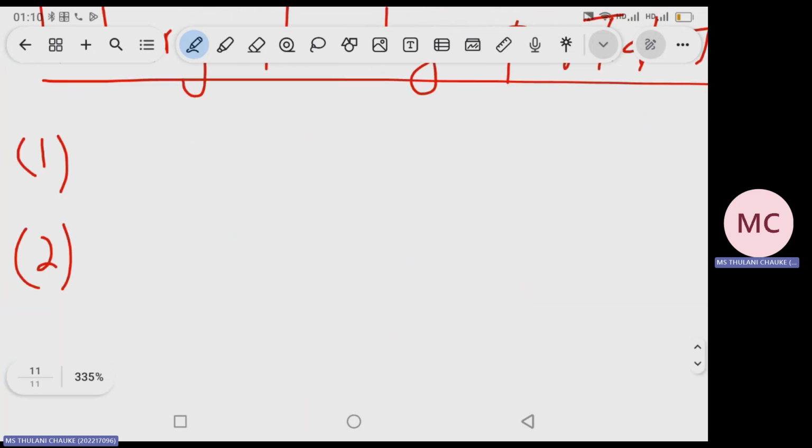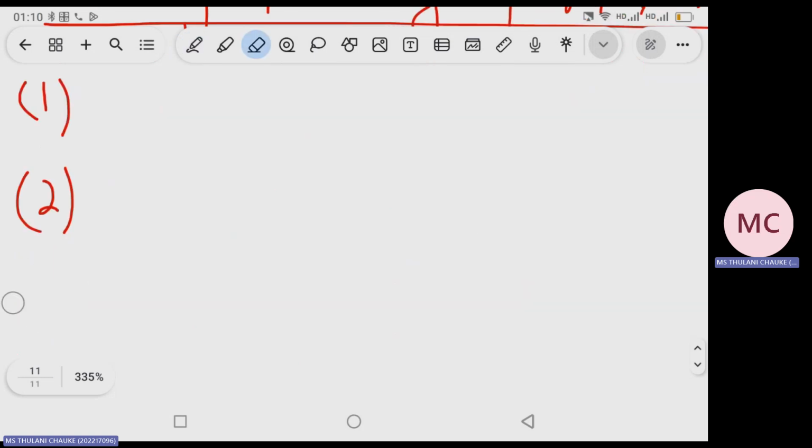Okay, let me try to remind you of those rules before I do an example. Now I will have to first copy those rules, right?